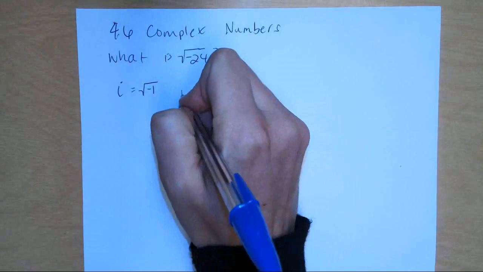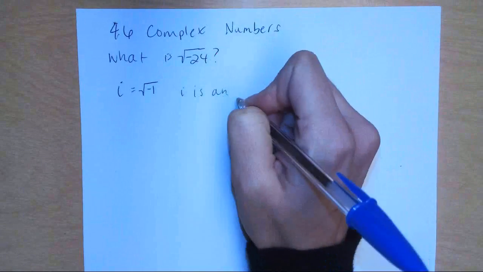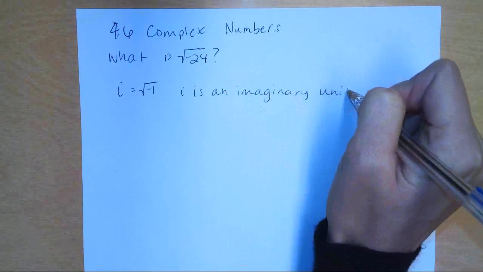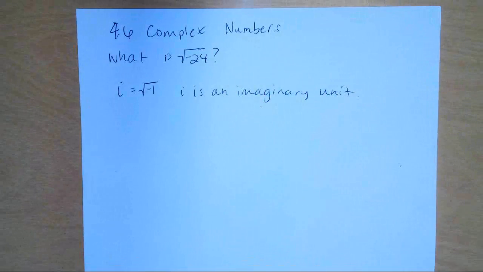i is an imaginary unit. We're not talking about imaginary in the sense of it's either real or it's imaginary, like your imaginary friend doesn't actually exist. It's not saying that it doesn't actually exist, it's just called an imaginary unit. So it's just a label, like Kara is called Kara, that's her label.